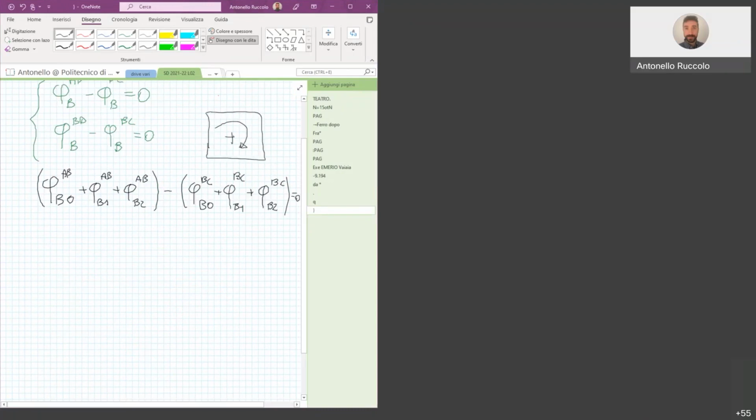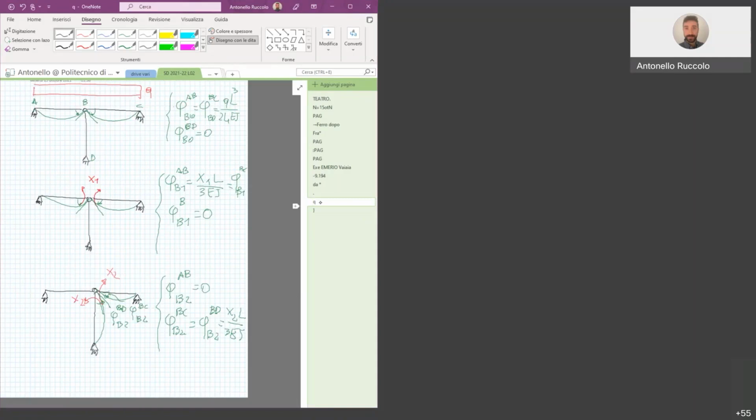When we impose this kind of compatibility equation, we have to set some reference system. So in this case, all the rotations in the clockwise direction will be positive. phi B0 AB is the qL to the power of 3 over 24 iota, which is both on this side and on the other side.